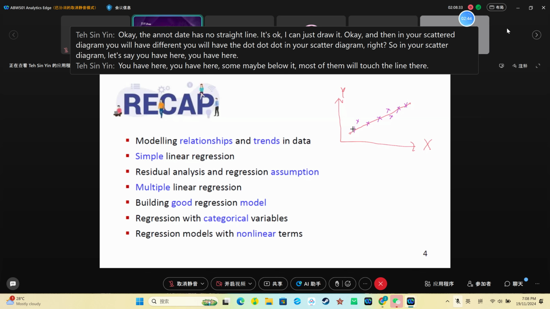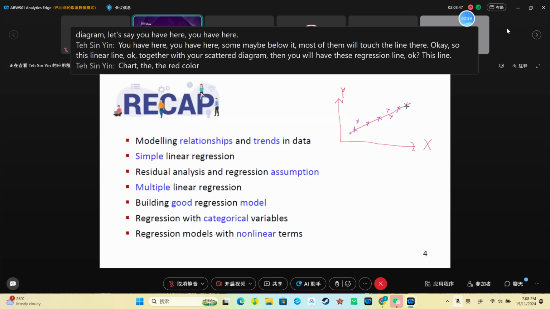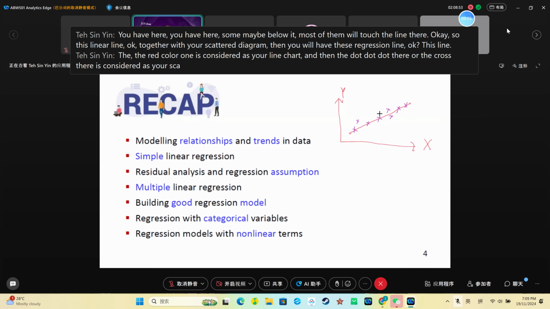So this linear line, together with your scatter diagram, then you will have this regression line. This line chart, the red color one, is considered as your line chart, and then the dots or the crosses there are considered as your scatter diagram. So when you combine them together, it is basically your simple linear regression.